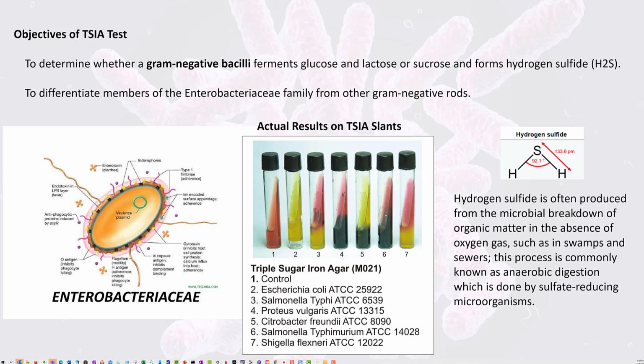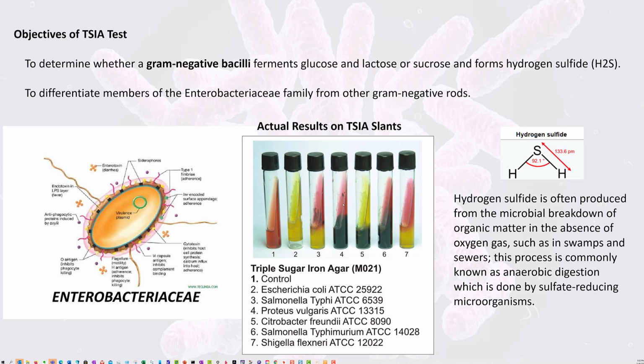If I were to draw a magic line right across here, this is the top and the bottom, which they call the butt. So the top and then the butt of the tube. So this is yellow, yellow, red, yellow, red, black, and there's a reason why it turns black: hydrogen sulfide is produced and it turns the media jet black, and it's a nice indicator.